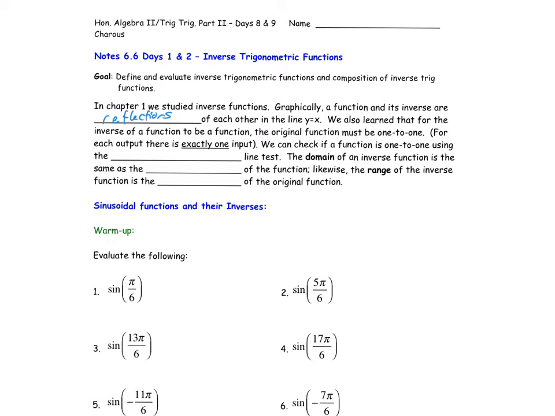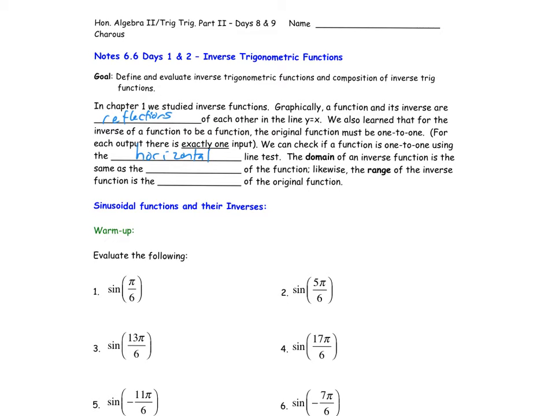We also learned that for an inverse of a function to be a function, the original function must be 1-to-1, which means that each output is matched back to exactly one input. The way we could check if a function was 1-to-1 graphically was to use the horizontal line test.